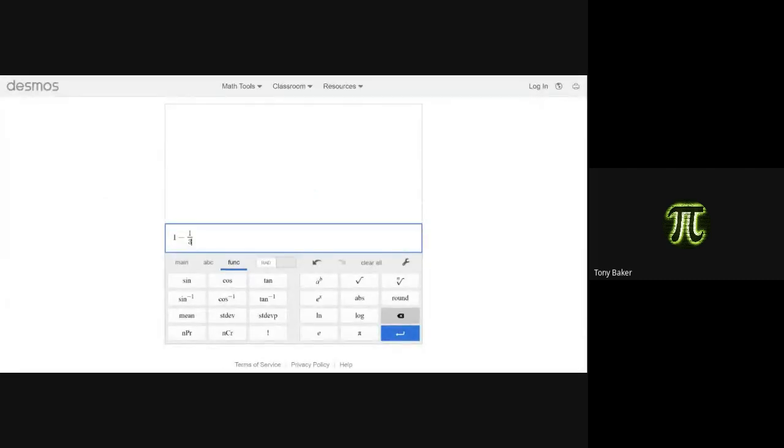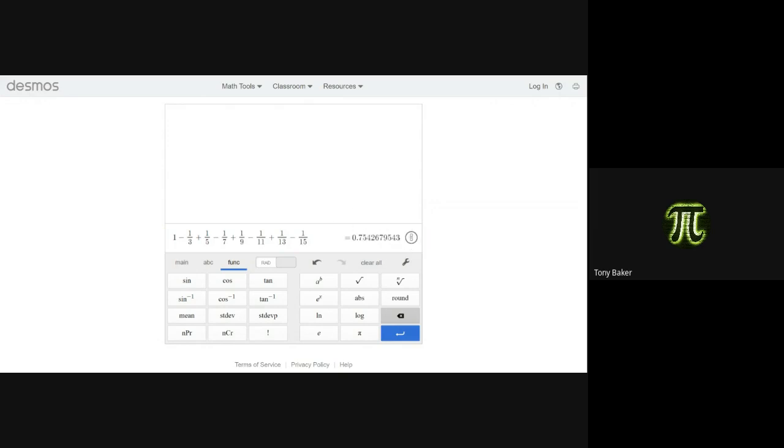So we have 1 minus 1 over 3 plus 1 over 5 minus 1 over 7 plus 1 over 9 minus 1 over 11 plus 1 over 13 minus 1 over 15. Well, it just keeps going, right? It's just going to keep going, getting closer and closer to the actual value, right?